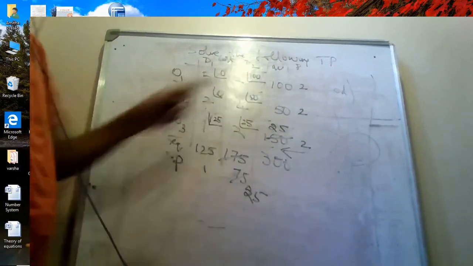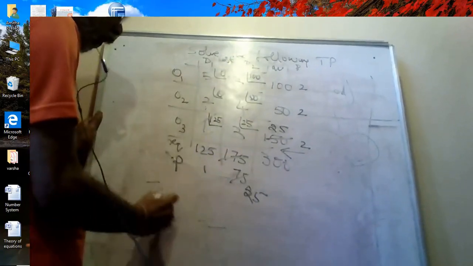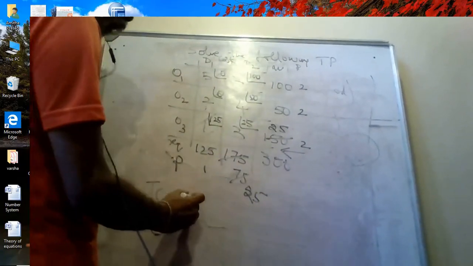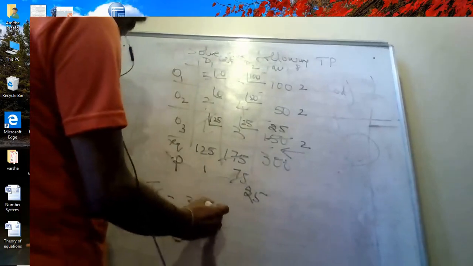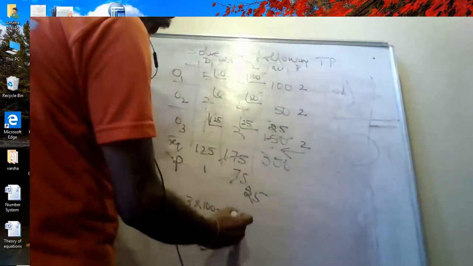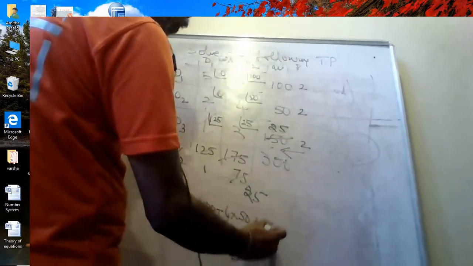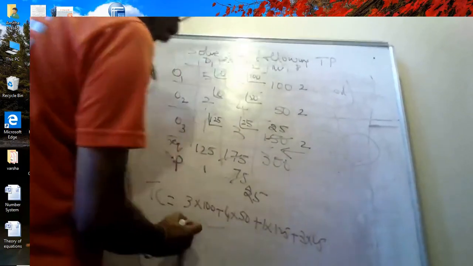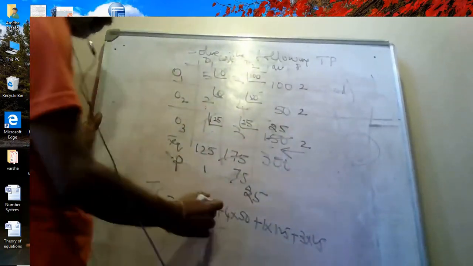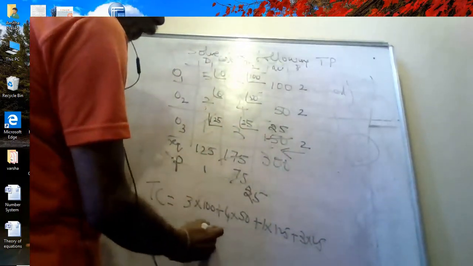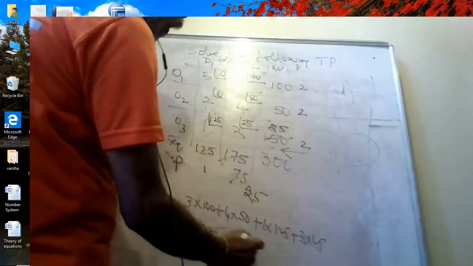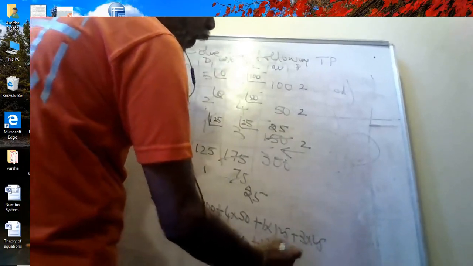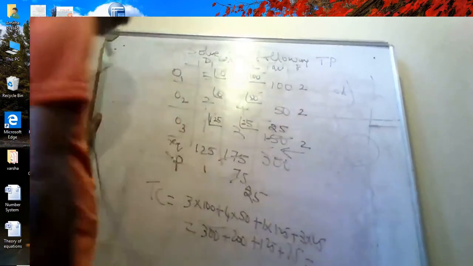Now 3 into 100, total cost will be 3 into 100 plus 4 into 50 plus 1 into 125 plus 3 into 25. So this will be 300 plus 200 plus 125 plus 75.